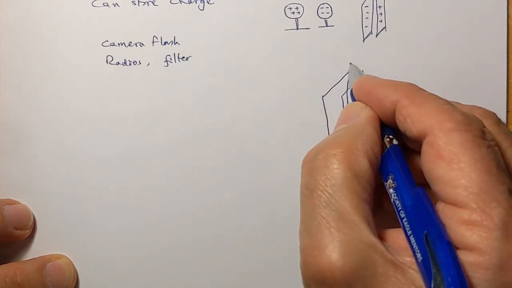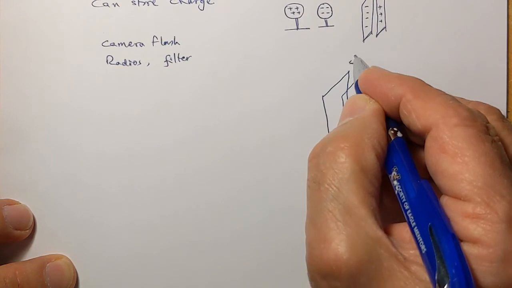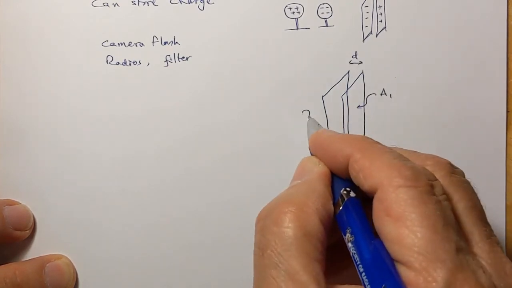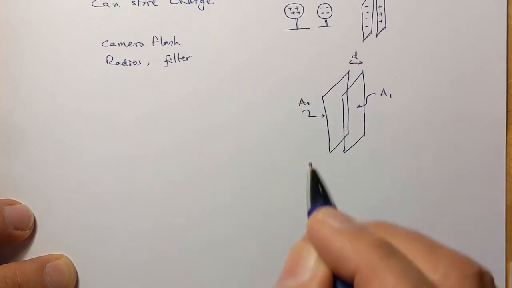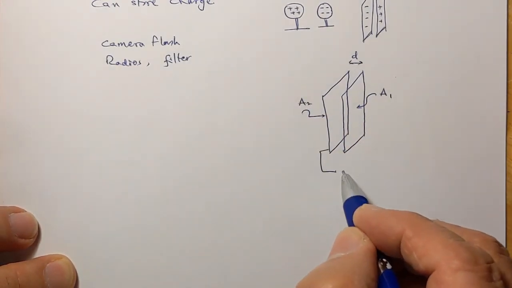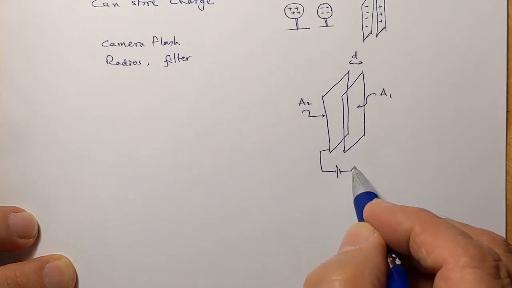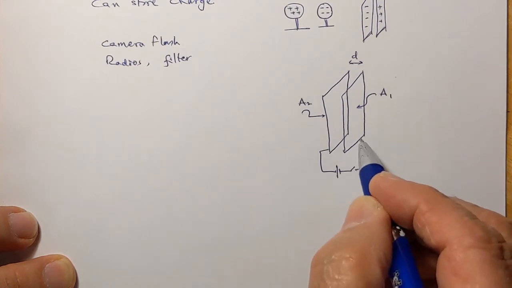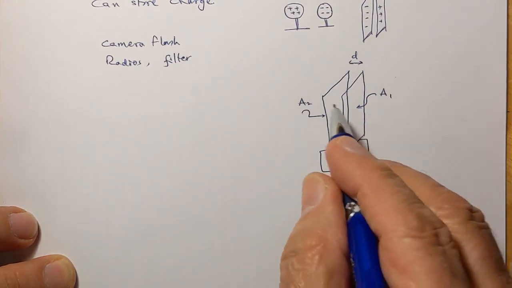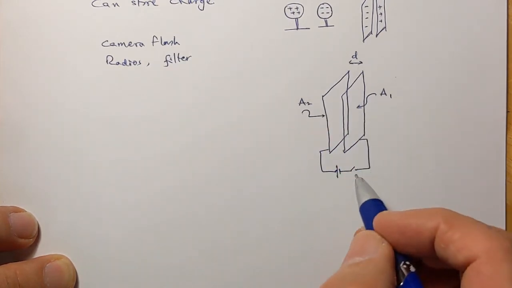They are separated by a distance d, and the area of this plate is A1, the area of this plate is A2. And if we attach a potential difference across these, so right now there's no potential here, there's no charge on it.